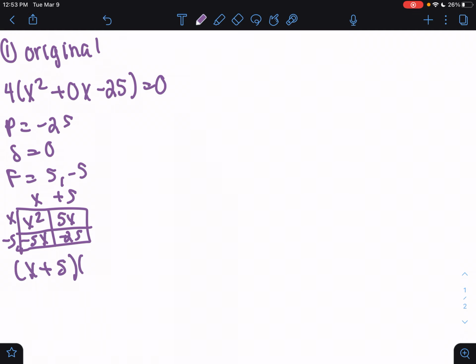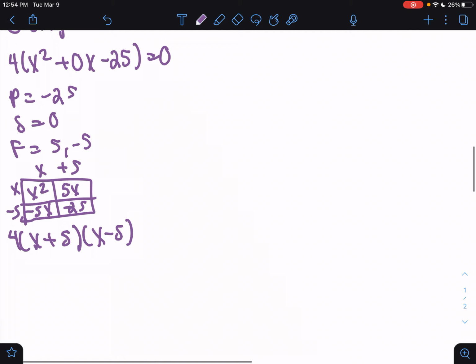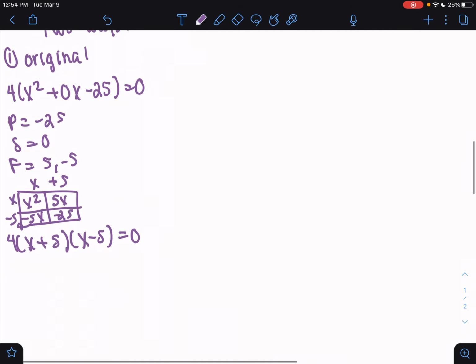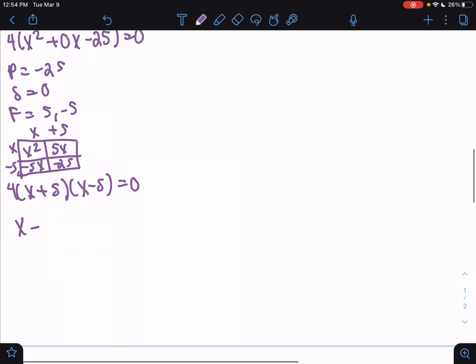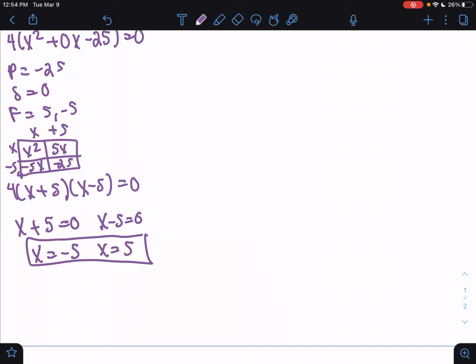And then we have x plus 5 times x minus 5 with that 4 in the front. And that's set equal to 0. And then we set each of those sets of parentheses equal to 0. And so x is going to equal negative 5, and x is going to equal positive 5.